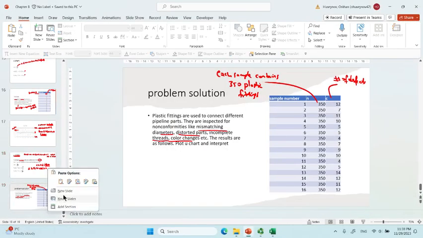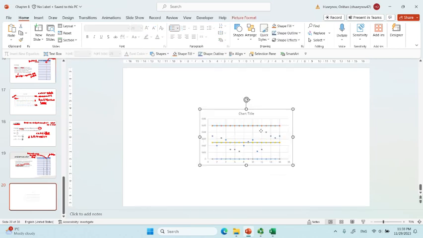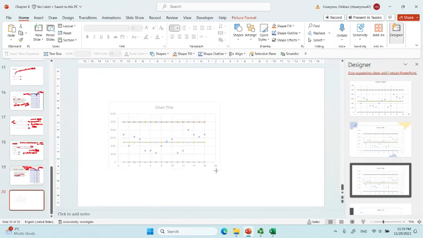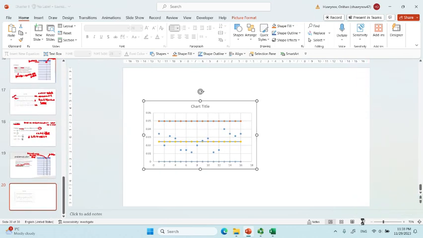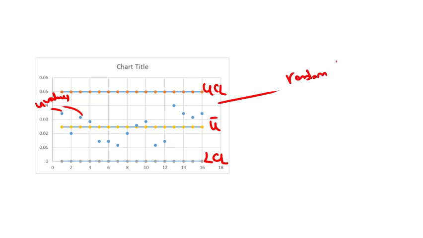Let me check the new slide and see if there are any problems. This one is my upper control limit, this one is my lower control limit, this one is the u bar, and these are the u values. As you can see, the distribution of the u values is random.